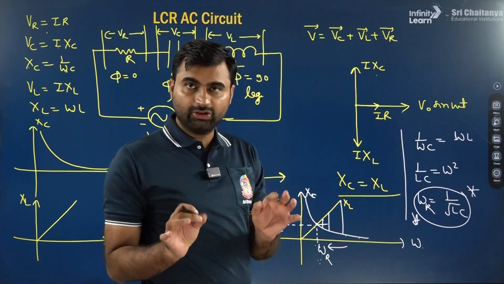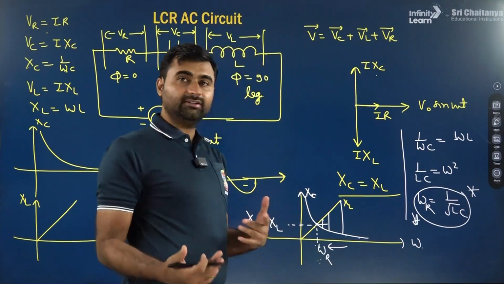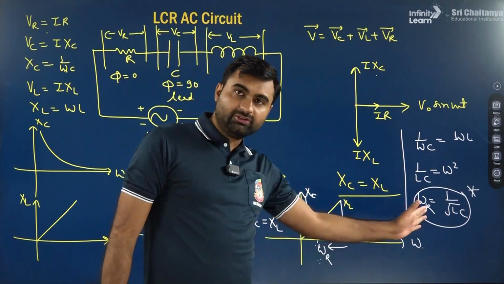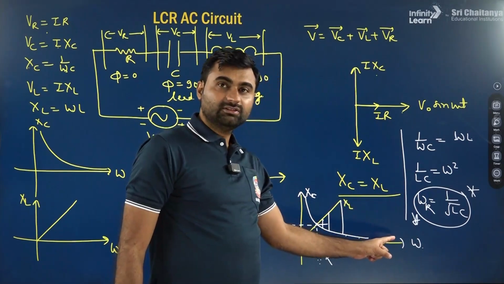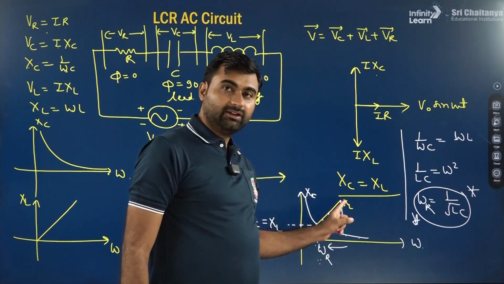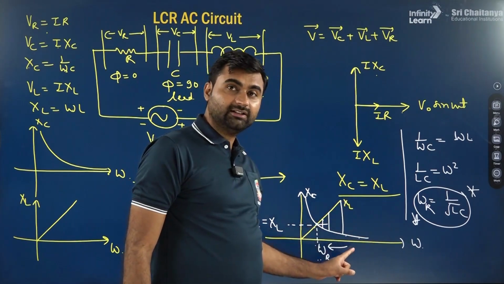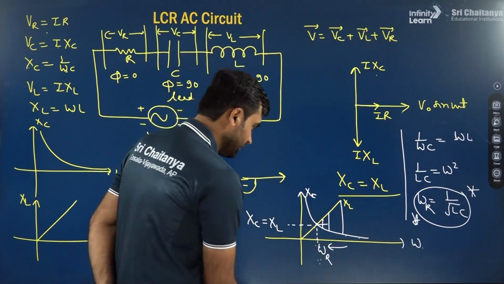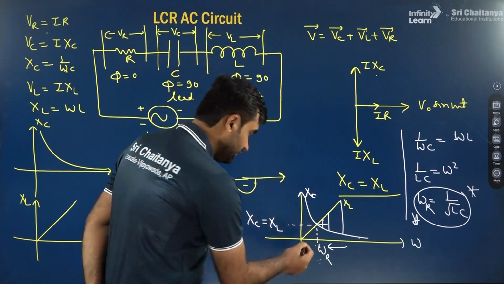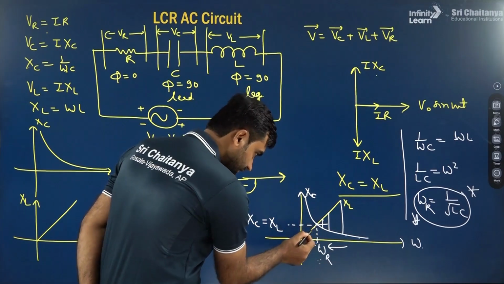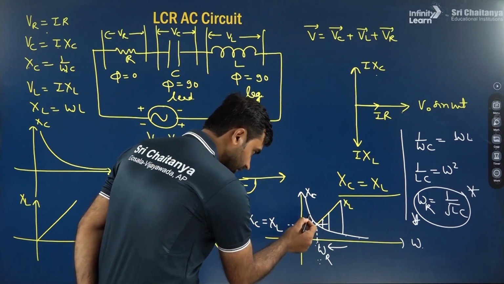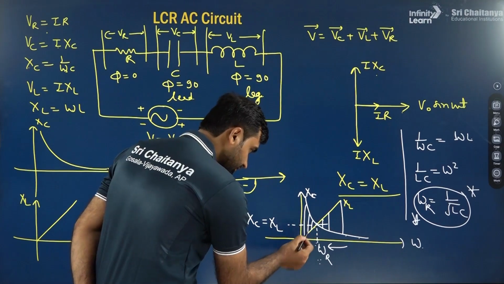This is again an important point. Or we can say as we move away from resonating frequency, as frequency increases, the difference between XL and XC increases. And here also, if frequency decreases below resonating frequency, so this is XC, this is XL, here also this difference increases.